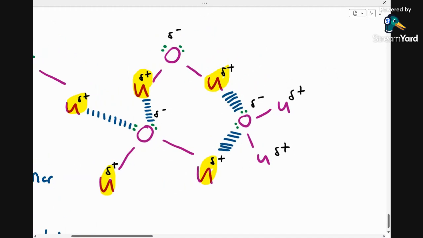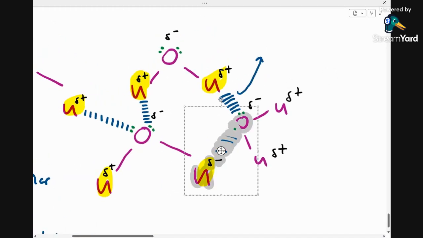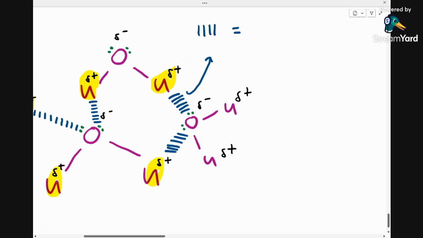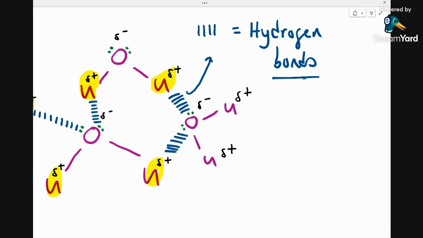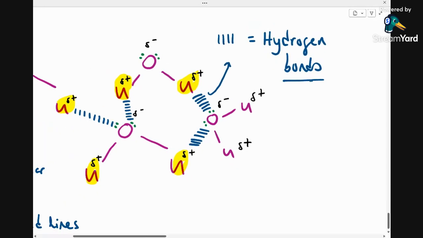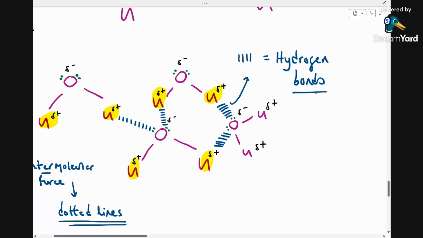These intermolecular forces we give a special name. These intermolecular forces are called hydrogen bonds. Technically, they're an intermolecular force rather than a bond, but in the traditional sense we can call them hydrogen bonds.